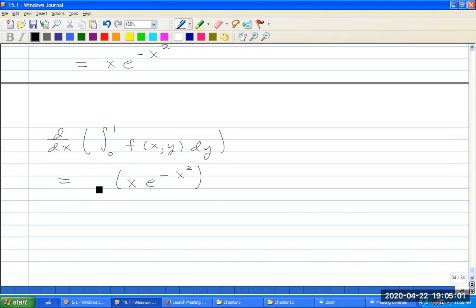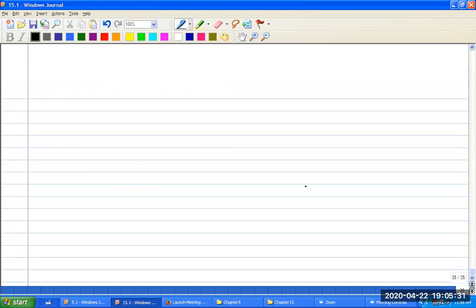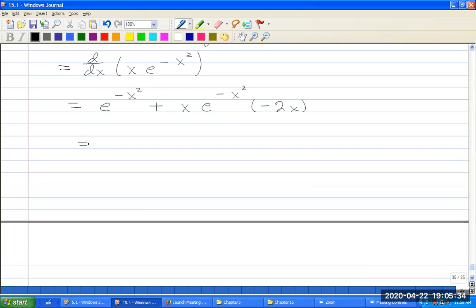Let's use the product rule: the derivative of the first times the second, plus the first times the derivative of the second. The derivative of e to the exponent is e to that exponent times the derivative of the exponent. So this is just equal to 1 minus 2x squared, times e to the minus x squared.